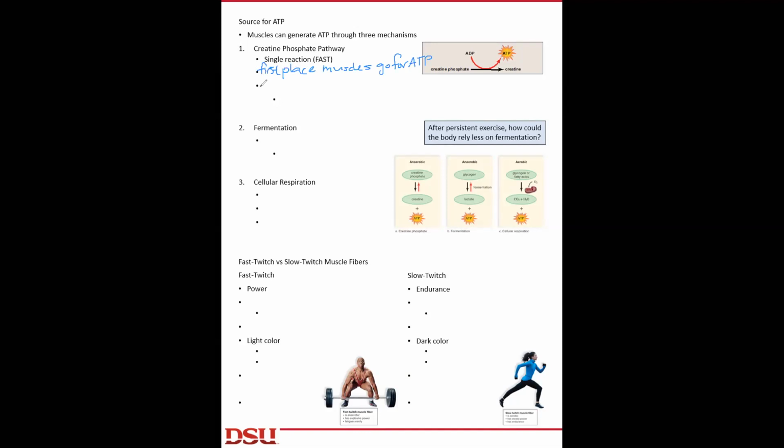It's fast, but you don't get a lot. So really what you've got is the first 5 seconds, not minutes, but seconds of intense exercise, or the very beginning of your sub-max exercise. So it's really quick.